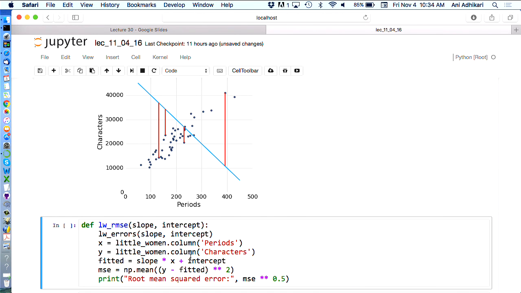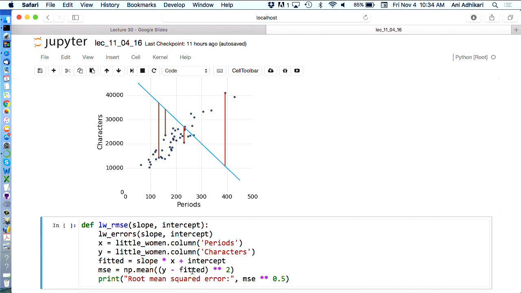And so the fitted values are going to be your slope times x plus intercept. Yes, those are the points on the line. We're now using this line, not the regression line. Some arbitrary line. Okay, look here. What's happening here? Y. What is y? It's the thing you're trying to predict. It's the number of characters.